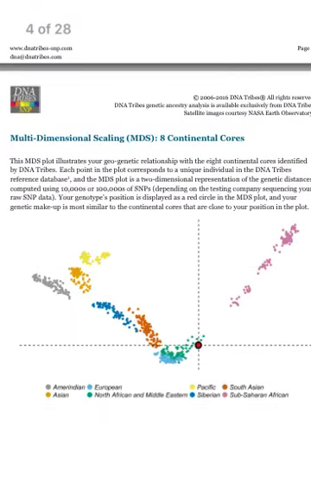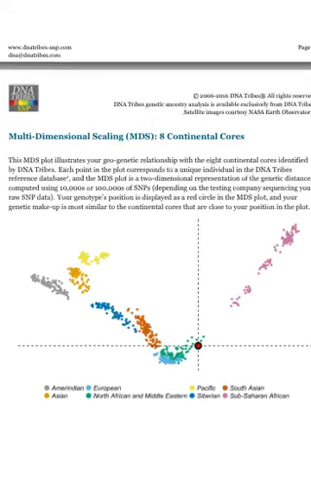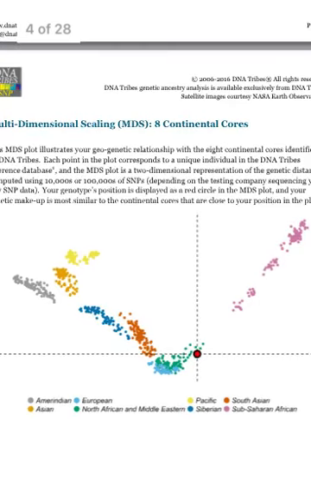The next plot is a multidimensional scaling, MDS, for 8 continental cores. So you have, again, all of the 8 continental cores there, and it shows where I plot in perspective of these continental cores.